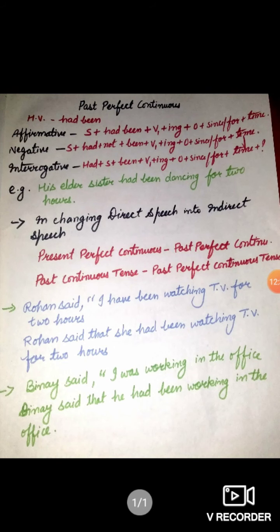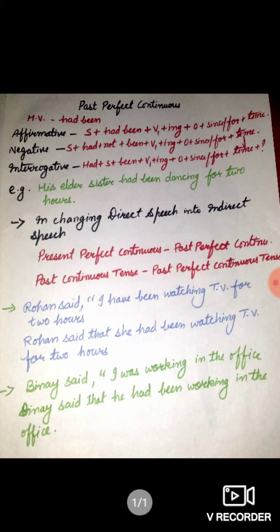Now, students, it's turn to learn the last tense of past, and it is past perfect continuous. The helping verb of past perfect continuous is had been. In affirmative sentences, the structure is subject plus had been plus V1 plus ing plus object plus since/for plus time.